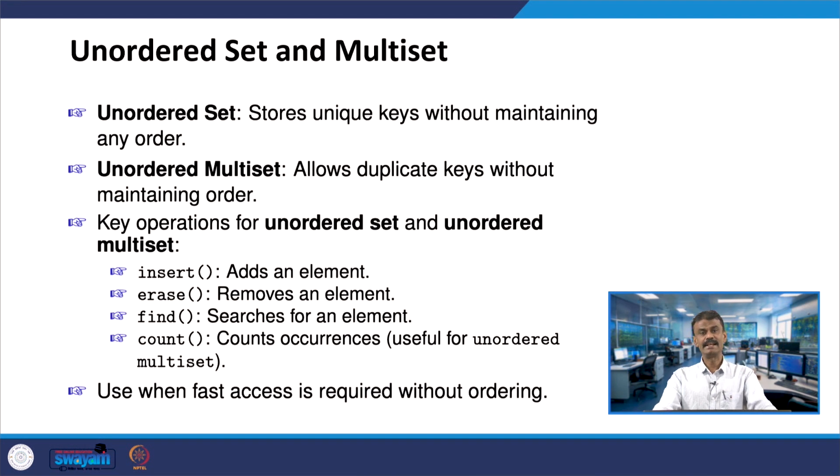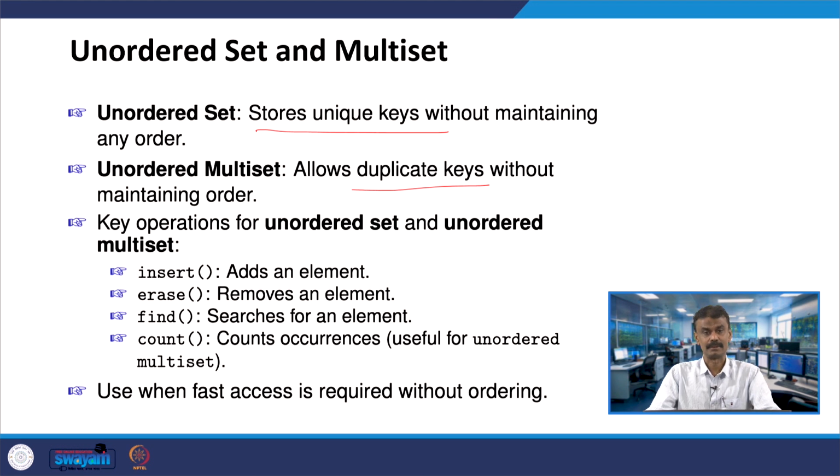Now, initially we will start with the unordered set and multi-set. The unordered set stores unique keys without maintaining any order, whereas unordered multi-set allows duplicate keys as well and again does not maintain any order, that is why it is called unordered. These are some of the functions or operations in the unordered set and unordered multi-set.